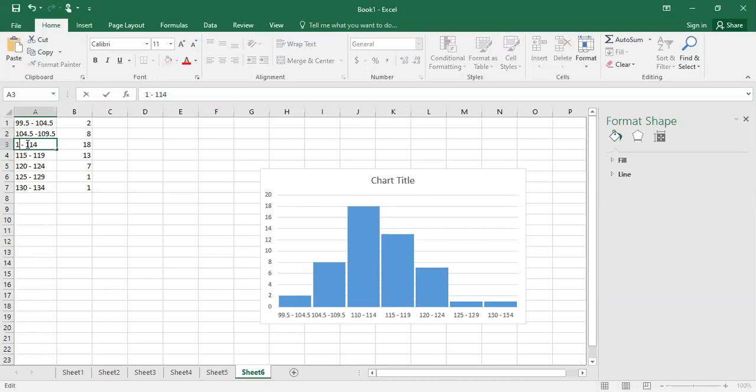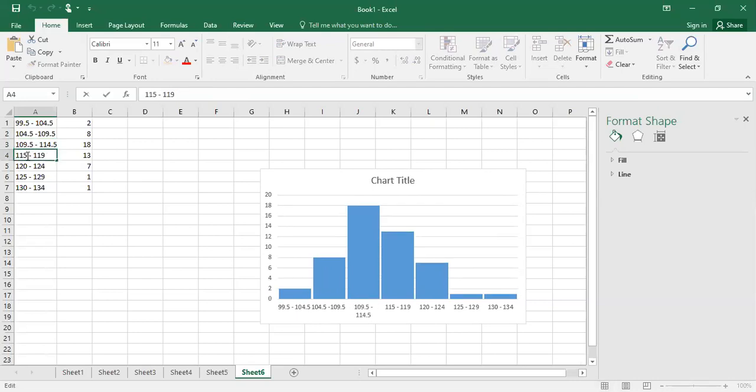Here we have 109.5 to 114.5. Here we have 104.5 to 109.5.